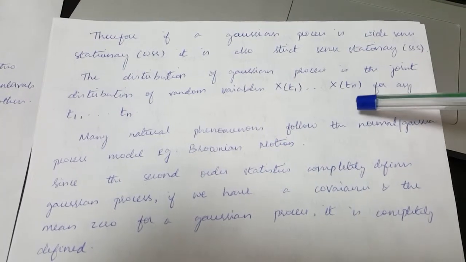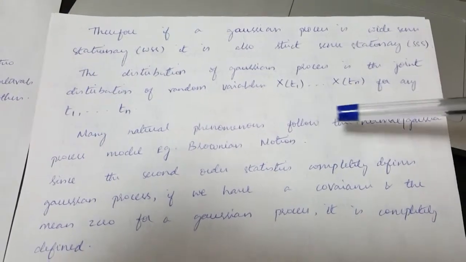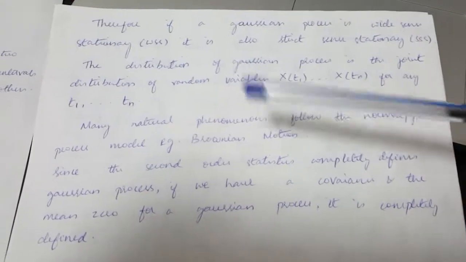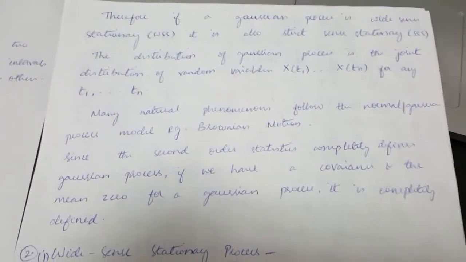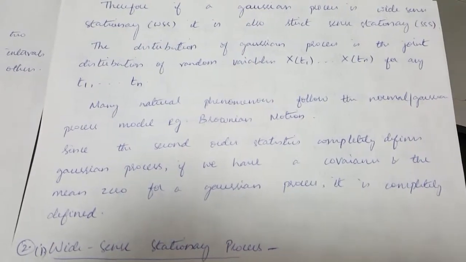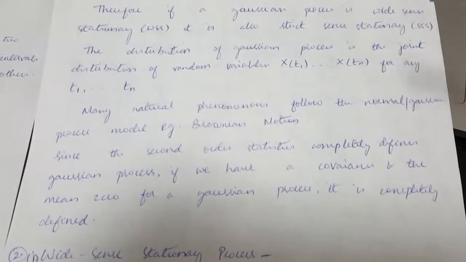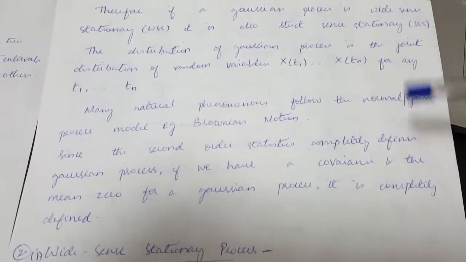The distribution of a Gaussian process is the joint distribution of random variables X(t1) to X(tn) for times t1 to tn. Many natural phenomena like Brownian motion, that is the random movement of molecules and particles in general, follow Brownian motion.